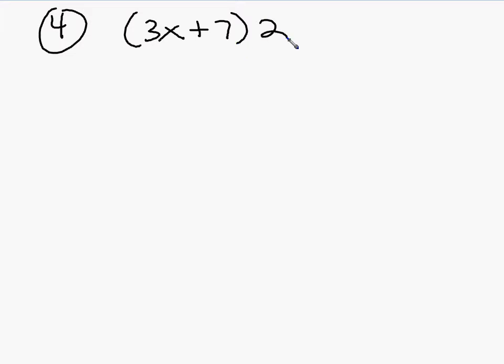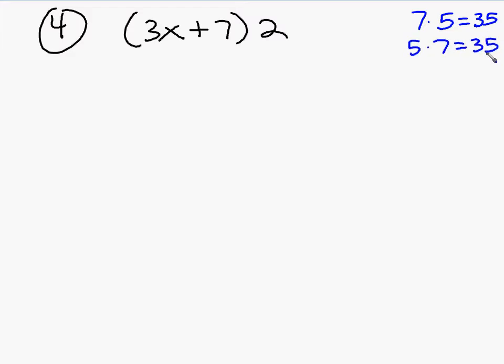Maybe they change the order. Maybe they write it this way: 3x plus 7, and then they write a 2 right there, like that. Now, if you remember me saying yesterday, multiplication has the commutative property as well. Let's come over here to the side for a minute. What's 7 times 5? 35. What's 5 times 7?